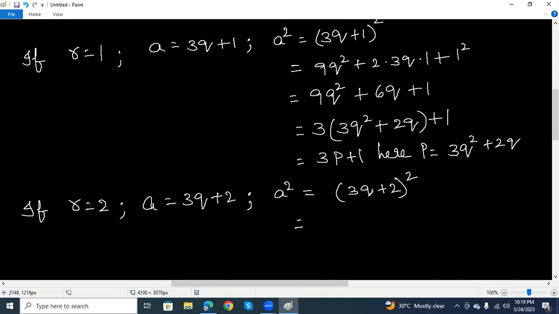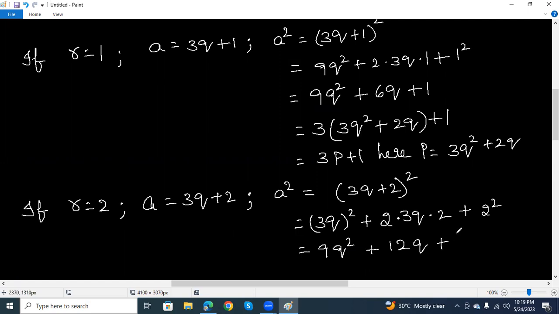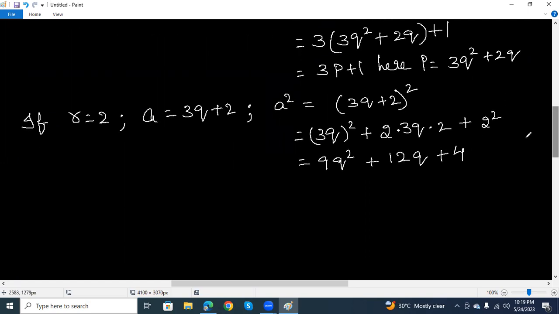Again, this is in the form of a plus b whole square: a square plus 2ab plus b square. So 9q square plus 12q plus 4.